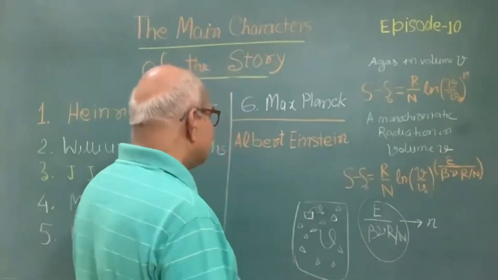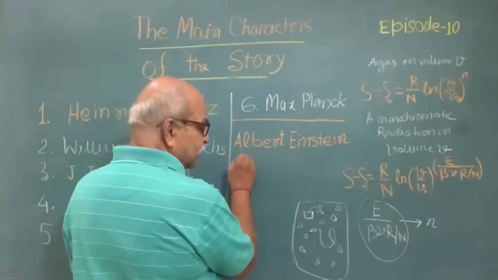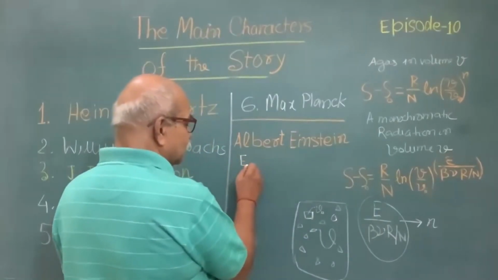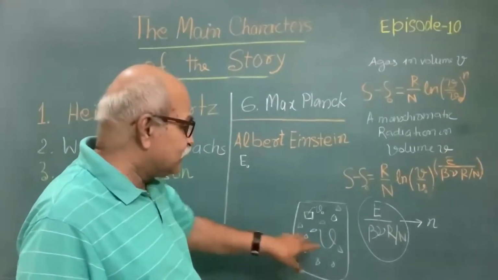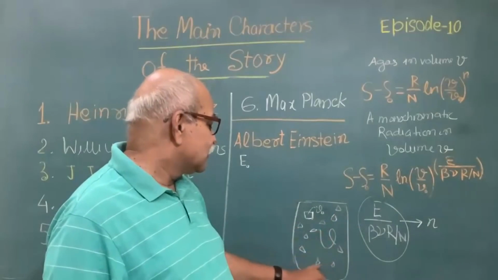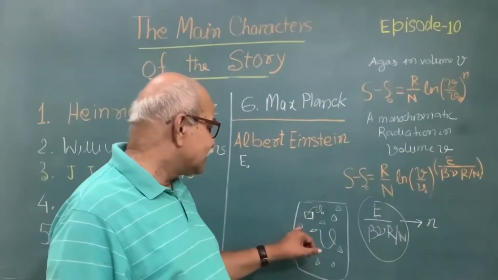Since we have already used this E here, let me call it some E0. What is this? This is energy per quantum. We have these many quanta, with energy located at these many centers. So at each center, how much is the energy here? How much is the energy here?